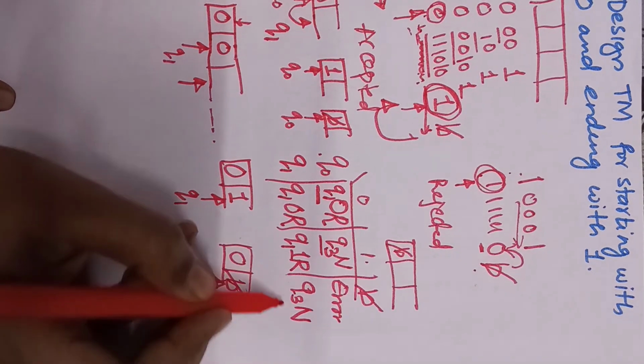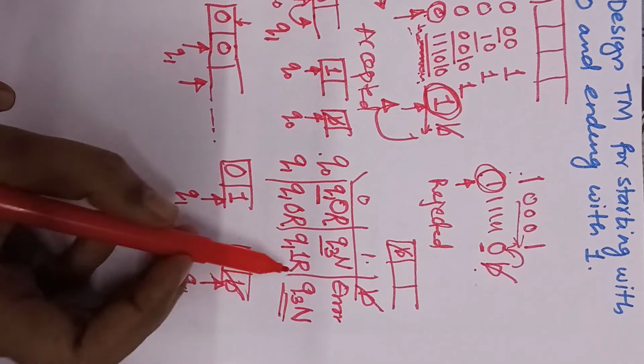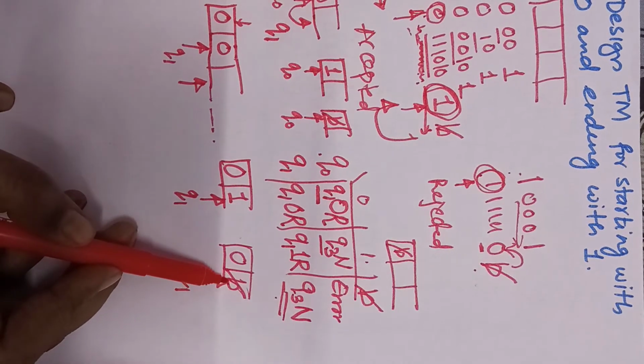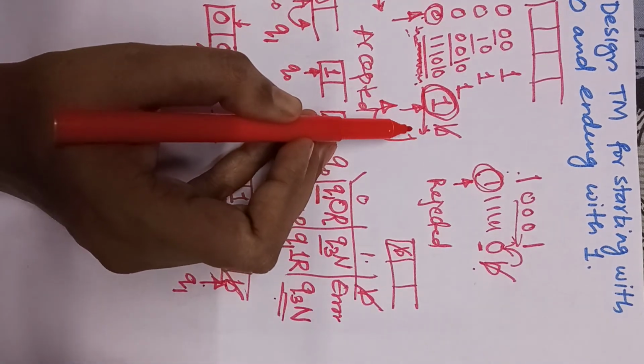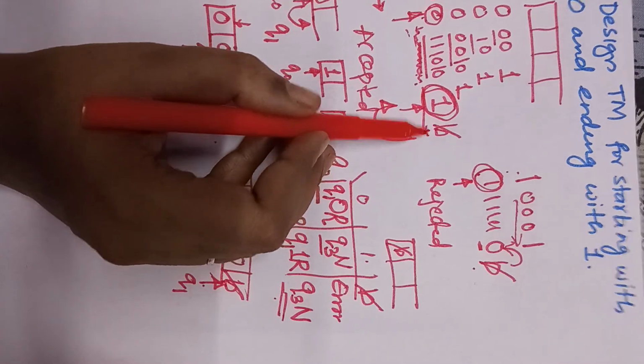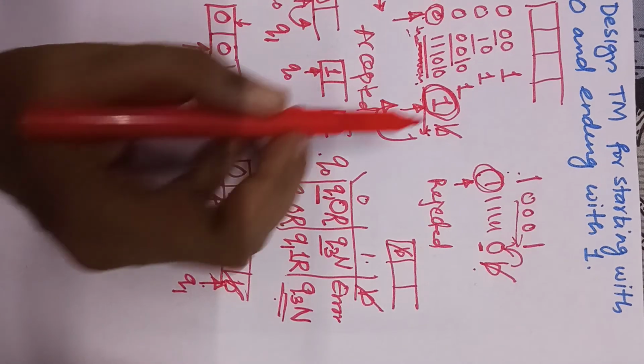Here, instead of not moving further, this is the end of the string, and what does our algorithm say? Whenever we are finding blank here, I have to move towards the left hand side.